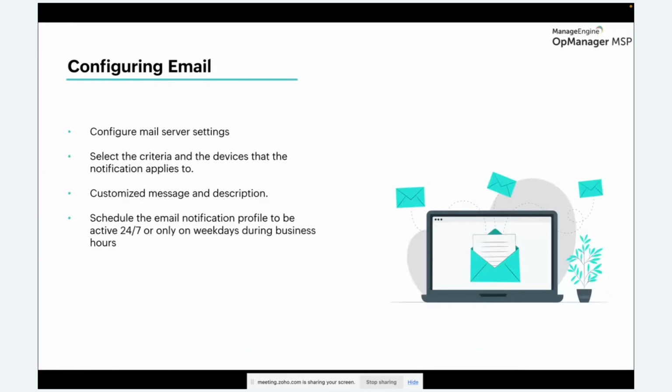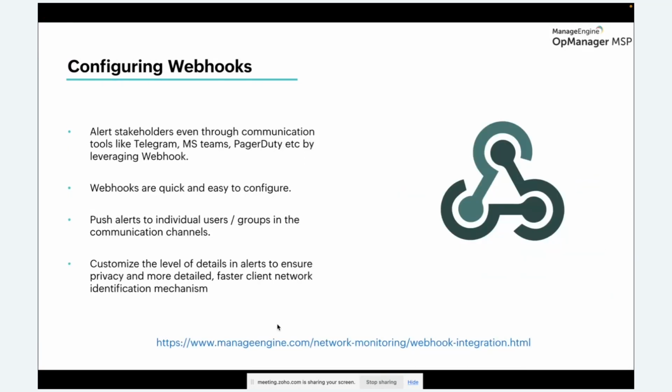Webhooks. As you know, webhooks allow applications to communicate between themselves and facilitate operations in an effective and faster way. OpManager MSP leverages this to push alert messages to specified URLs in case of any event. Configuring webhooks can be done real quick and easy with OpManager MSP.